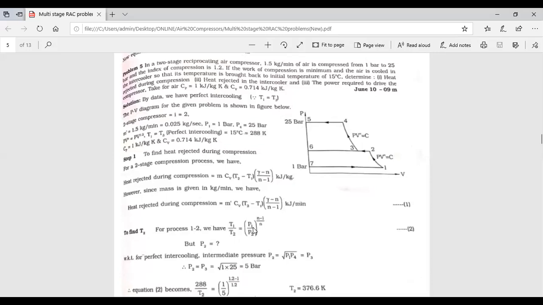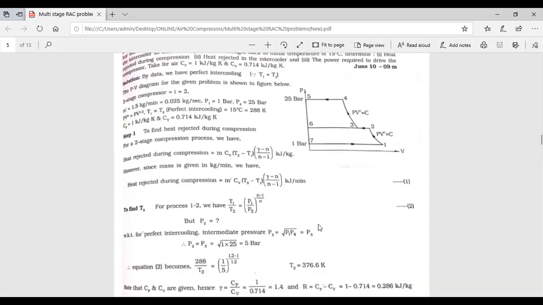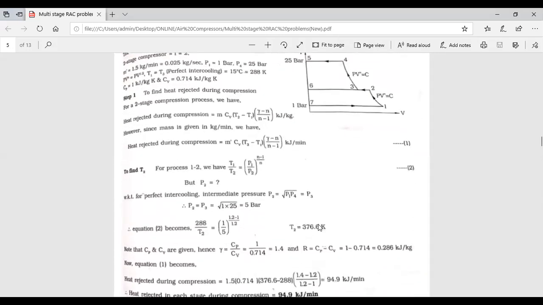P1 is given how much? 1 bar. And P2 you calculated using the formula, 5 bar. Okay, after simplifying, you'll get the value of T2 as 376.6 Kelvin. You remember the temperature will be higher at point 2 as compared to that of point 1 because of the compression in the LP cylinder. This is the LP cylinder and this is your HP cylinder.